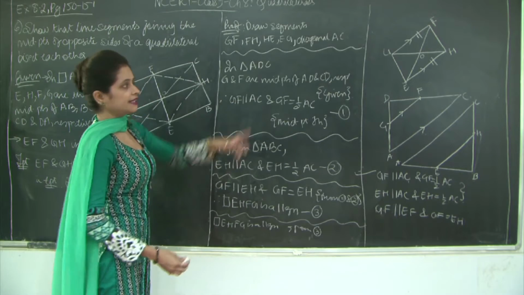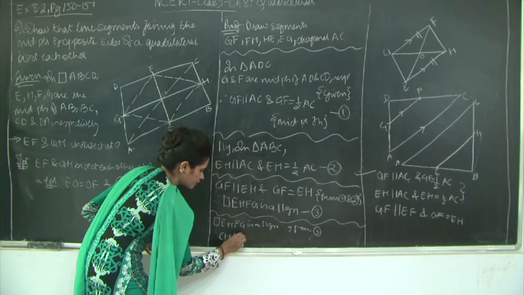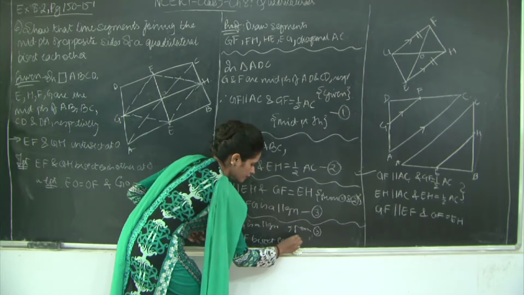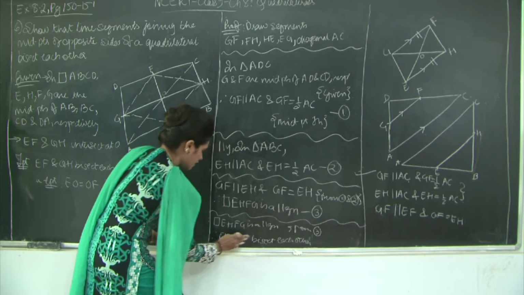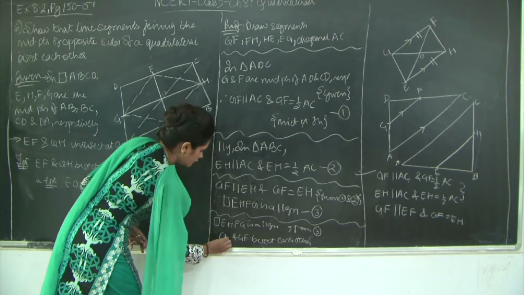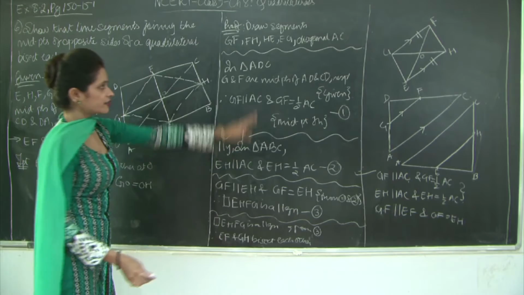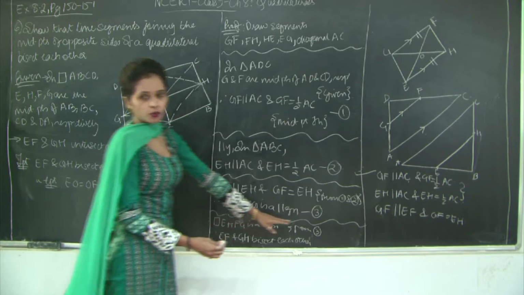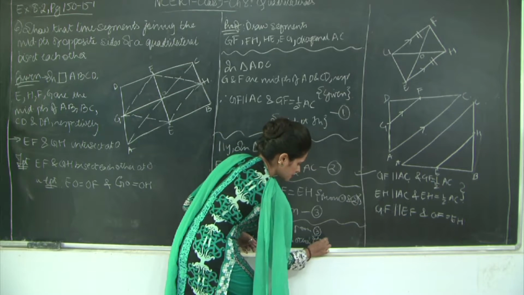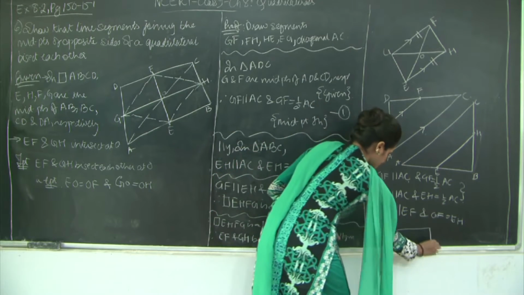Therefore, EF and GH bisect each other, because diagonals of a parallelogram bisect each other.